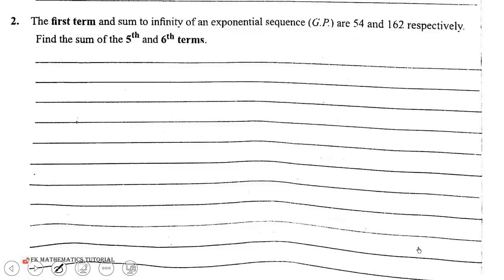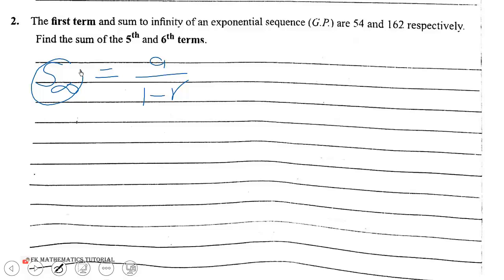We have this question which says the first term and sum to infinity of an exponential sequence, GP, are 54 and 162 respectively. Find the sum of the fifth and sixth terms. So we know that the sum to infinity of a geometric sequence is given by the first term over 1 minus the common ratio r.